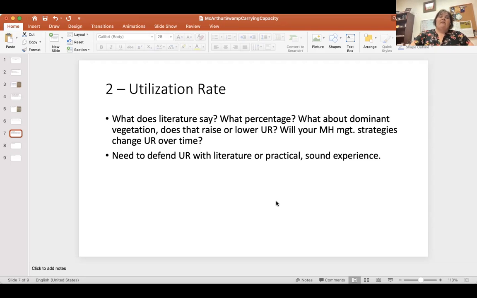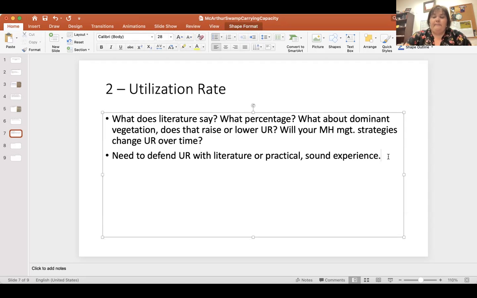So after you figure out a couple of utilization rates to run per pasture, you can then take the total forage produced, so from number 1, right? And then you can multiply that times the utilization rate or multiple utilization rates.